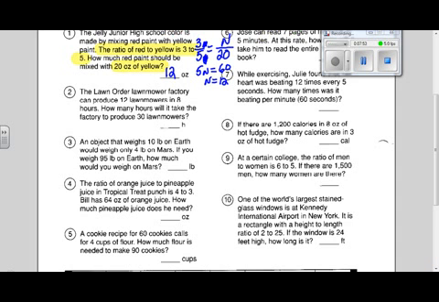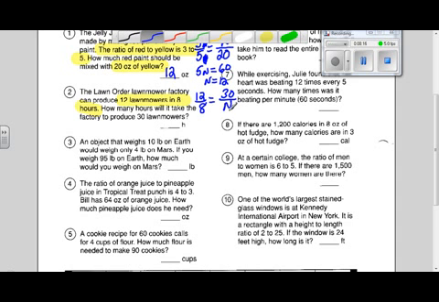We're given a ratio here. A lawnmower factory can produce 12 lawnmowers in 8 hours. So I write that ratio, 12 over 8. That's going to be equal to 12 representing lawnmowers, 8 representing hours. I'm given 30 lawnmowers.